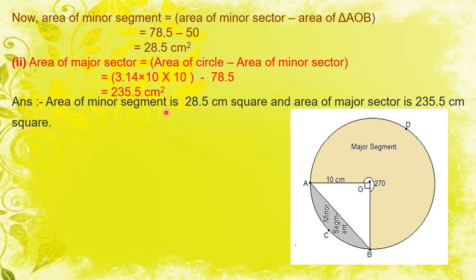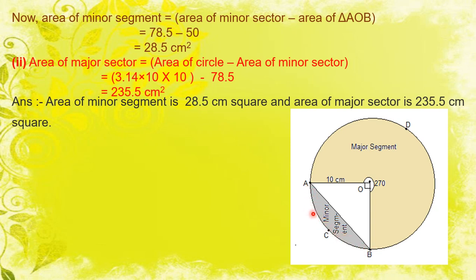235.5 centimeter square. So by using the formulas: the area of a sector is theta upon 360 degree into pi r square; the area of a segment, minor or major depending on the problem, the area of the minor segment will be the area of the sector minus the triangle; and the length of an arc, that means if we want to find this arc ACB, the formula for the length of arc is theta upon 360 degree into 2 pi r.